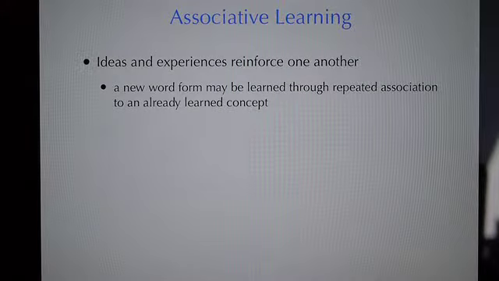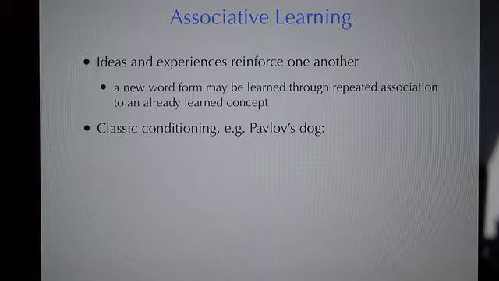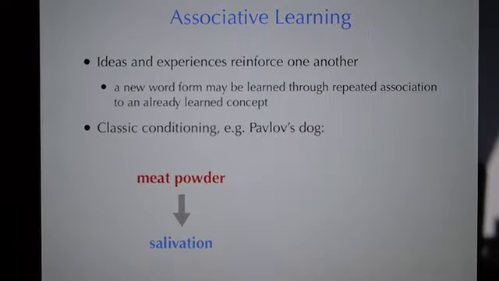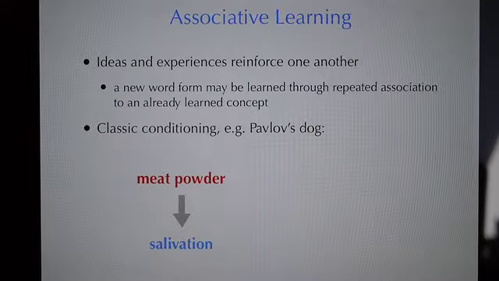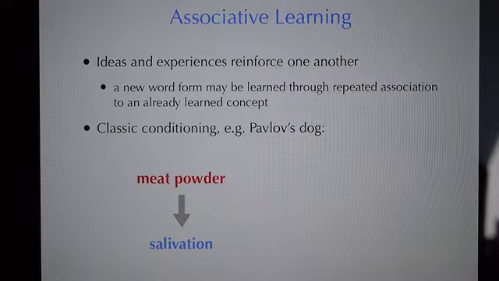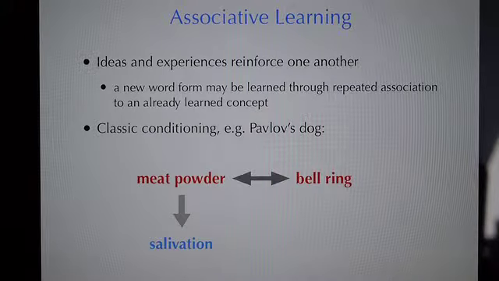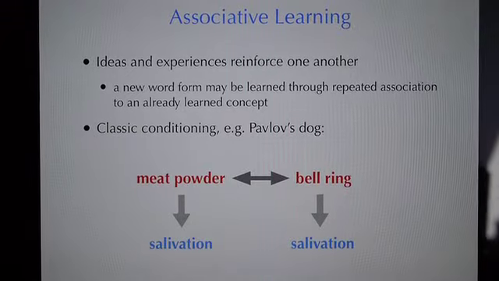You all are, I assume, familiar with Pavlov's dog. The idea is that if every time the dog hears a bell, there is some meat powder around, then the dog will salivate in the presence of the meat powder, but gradually the dog will actually associate the bell ring with meat powder, and so it would salivate even when there is no meat powder present.